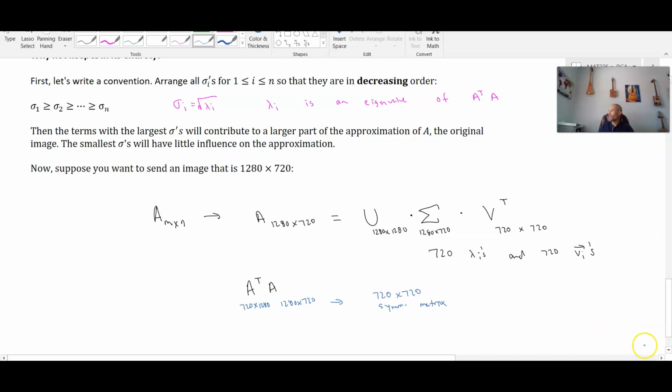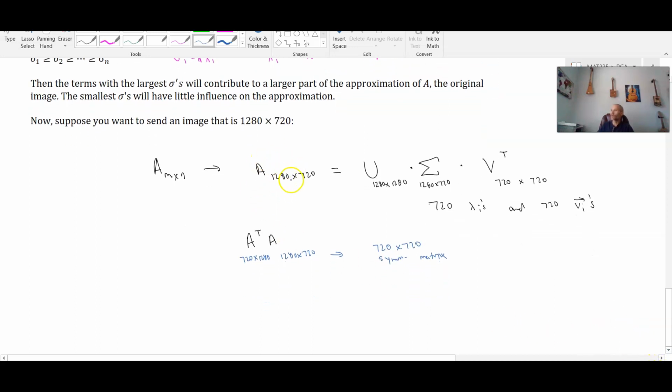All right, if I sent this image out, I would need to send 1280 by 720, what we'll refer to as bytes. Now, a byte is 8 bits, and so let's not worry about the units at this moment, but 1280 by 720 will give me an image that is 921,600 bytes.